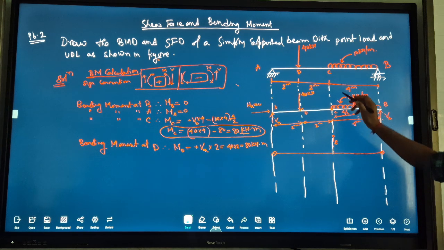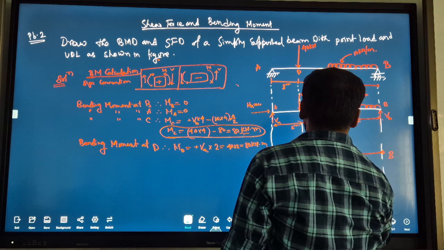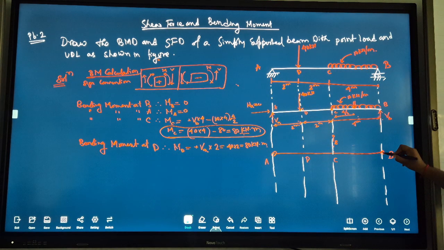Now, how to join B and C? Moment is 0 at point B, moment is 80 at point C. How will we join them? Parabolic, because UDL is there.